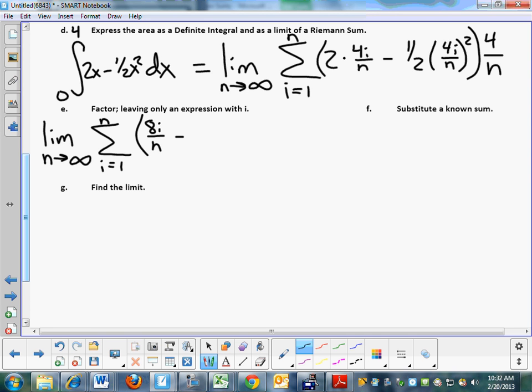Yes. All right, let's do this part now. What's 4i over n squared? 16i squared over n squared, then multiply it by 1/2. 8i.